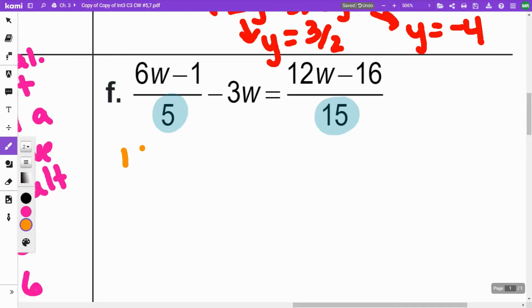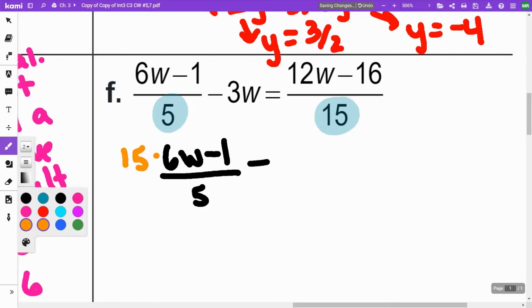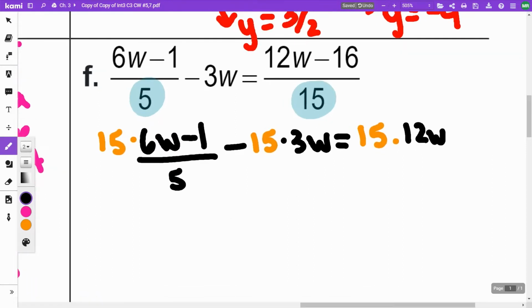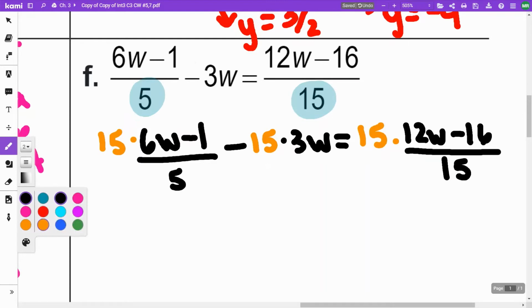So I'm going to go 15 times 6w minus 1 over 5 minus 15 times 3w equals 15 times the 12w minus 16 over 15. And again, hopefully our denominator will cancel out.